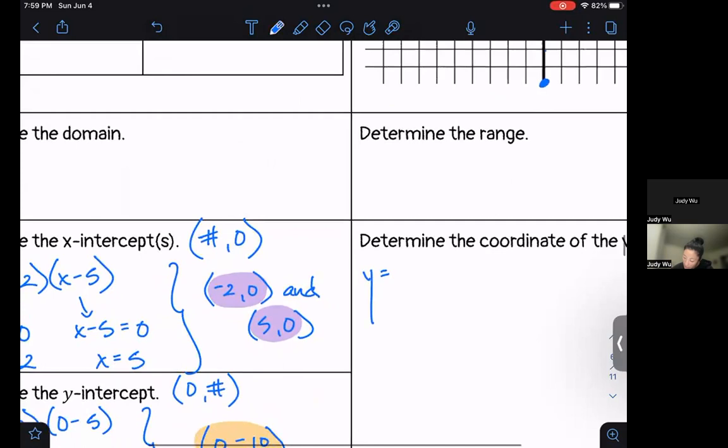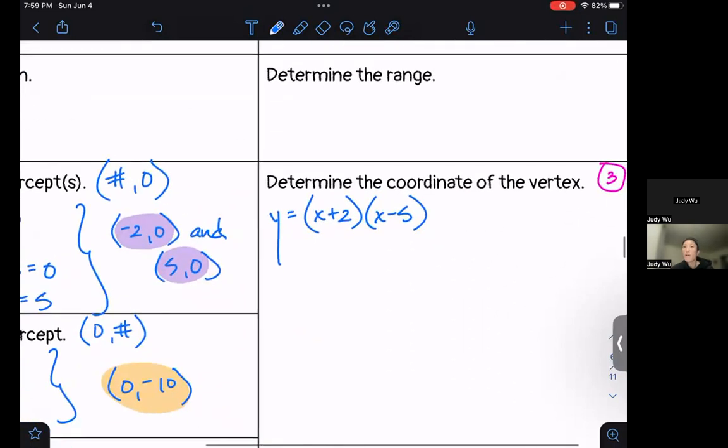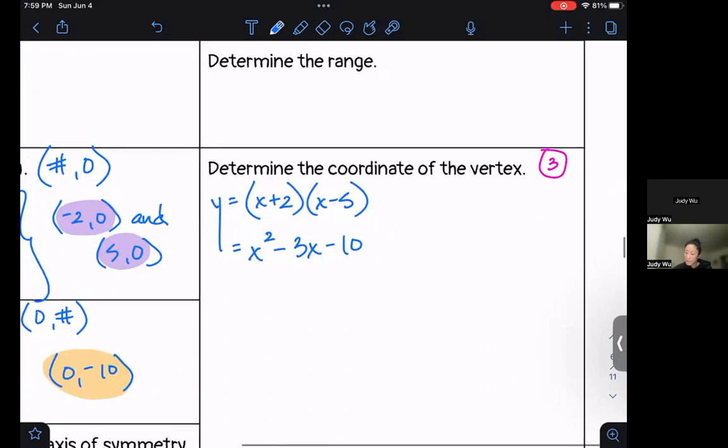We're going to take our x plus 2 times x minus 5, and we're going to FOIL it out, or distribute everything. That gives us x squared. Let's see, -5x plus 2x is -3x minus 10. Okay, so we FOIL everything out.